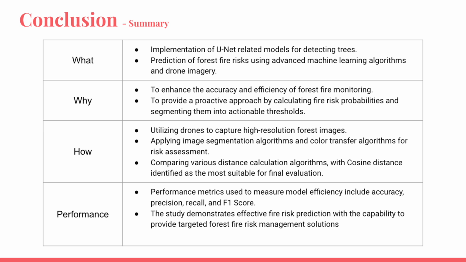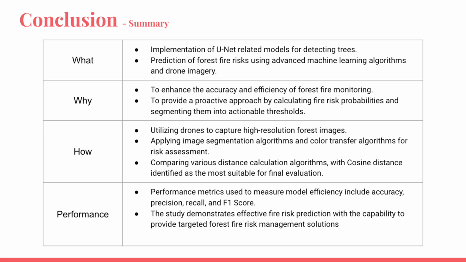For how we did it, we utilized drones to capture high-resolution forest images, and then we applied image segmentation algorithms and color transfer algorithms for risk assessment. And then we compared various distance calculation algorithms and found the cosine distance best for assessing risks.